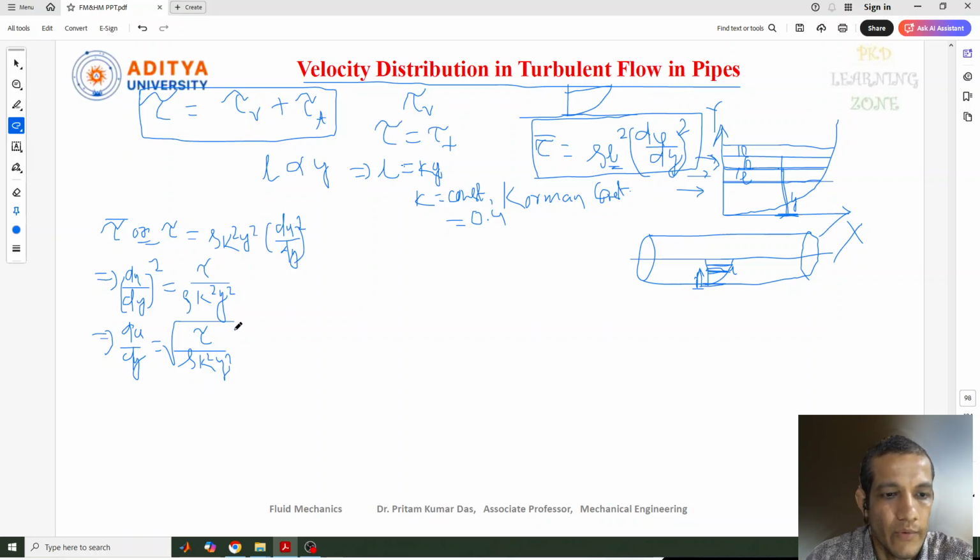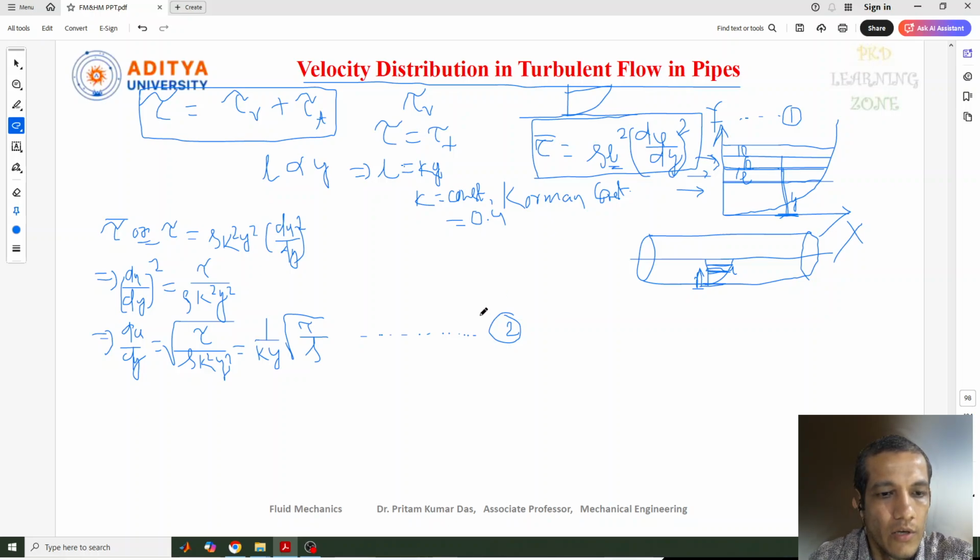Now I'll take the constant term outside and keep this term inside. If K square y square goes outside, only Ky is there, and inside we have tau divided by rho. This we can give as equation 1. Actually this was already derived in the last lecture for the Prandtl mixing theory, and this is equation 2.